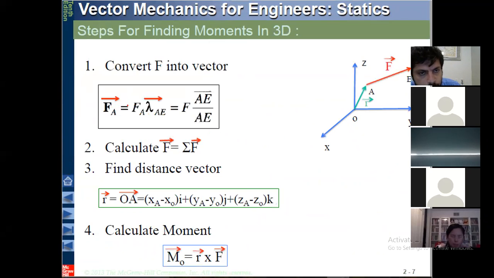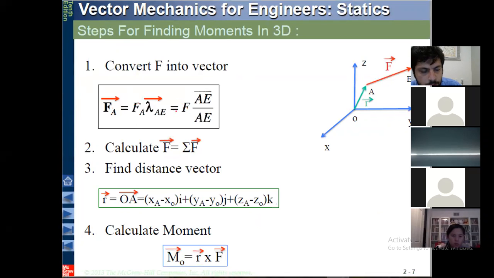So you have this definition, which is the magnitude of force times the unit vector along that force, and the unit vector is actually the vector divided by its magnitude. So then it becomes normalized, and we call it a unit vector.